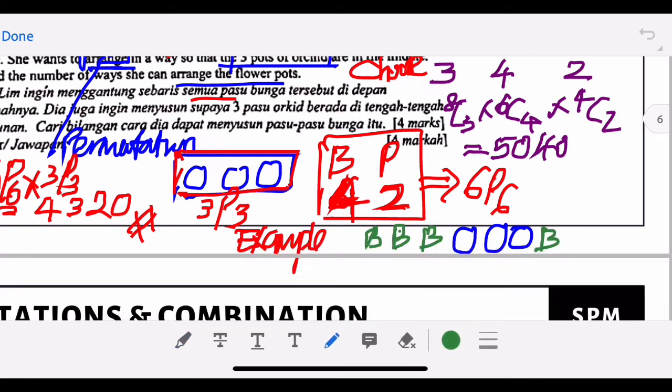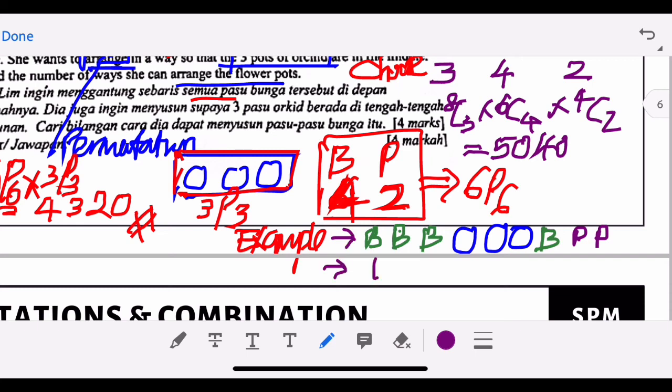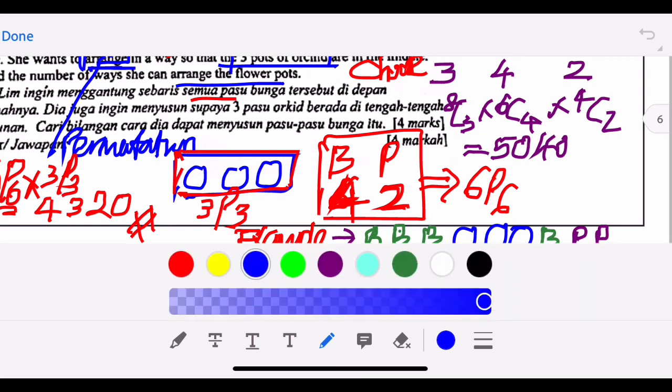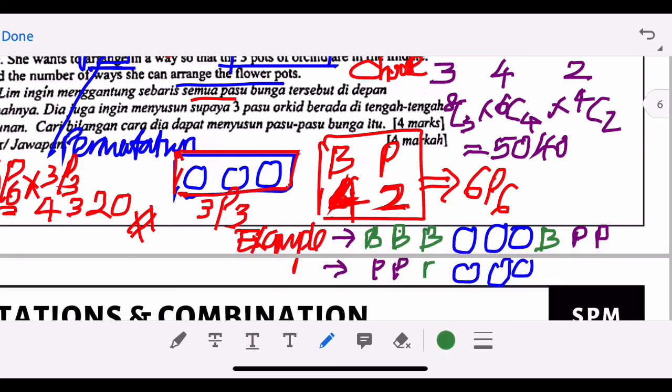This is one way of arranging, whereby the 3 orchids and the balance of the other 2 types of flower pots, I use a green color and a purple color. So this is one example, one way. Altogether, how many ways are there? There are 4320 ways.